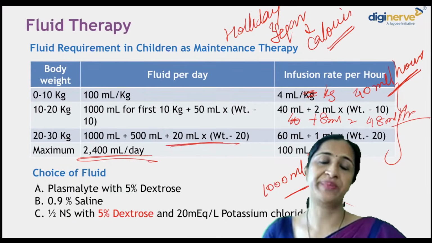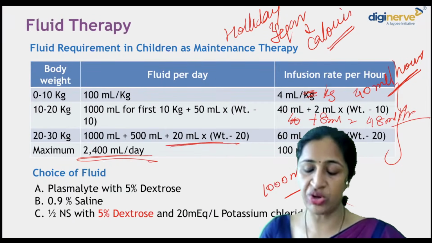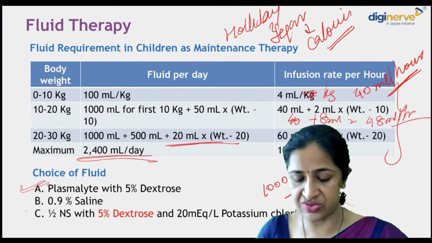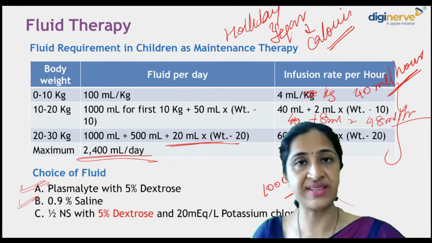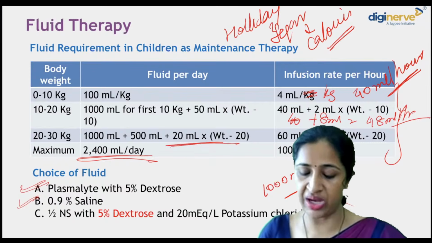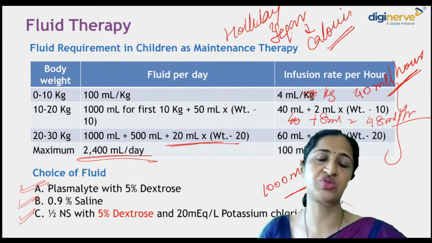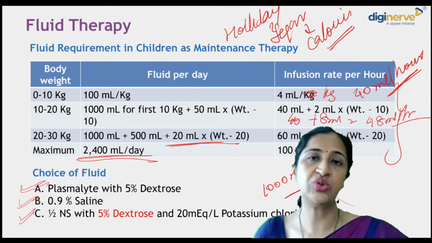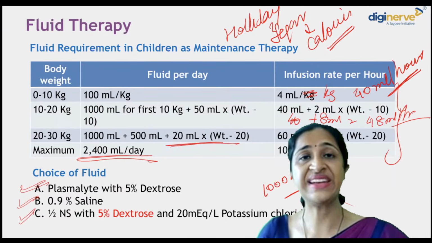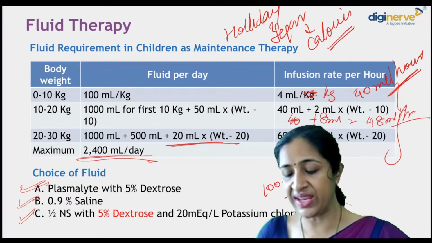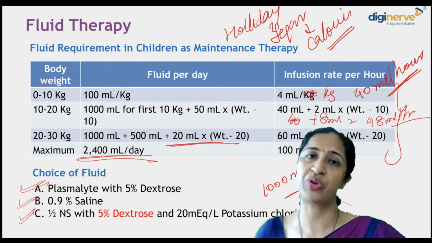Choice of fluid. When we want to give fluid, the choice is usually Plasma-Lyte with 5% dextrose. For bolus, resuscitation, dehydration, 0.9% saline. Otherwise, in children in whom you don't want to overload sodium, like smaller children, 1 to 2 years of age, it is half normal saline with 5% dextrose and 20 milliequivalents per liter of potassium chloride.